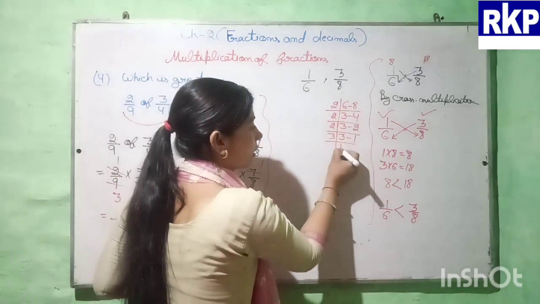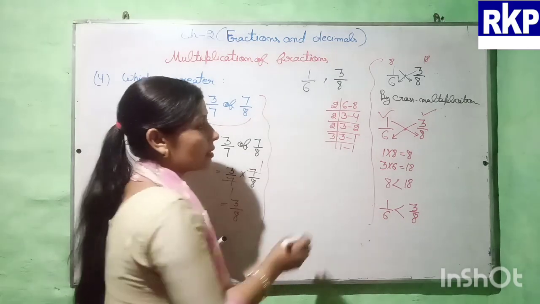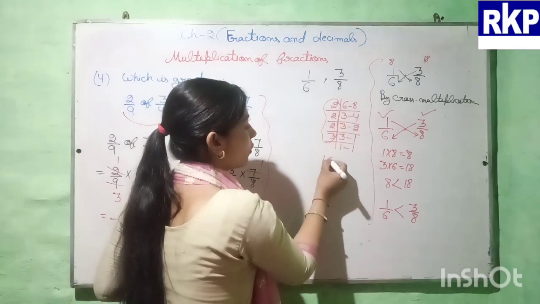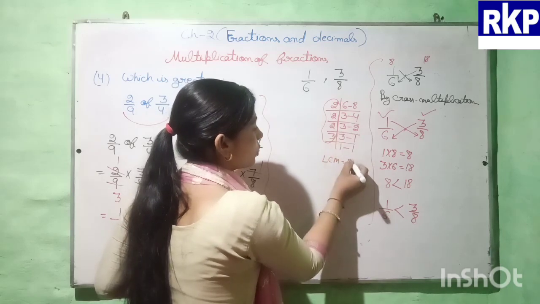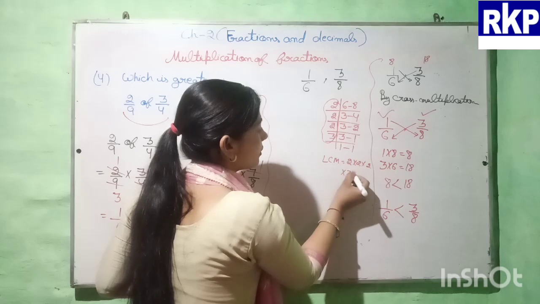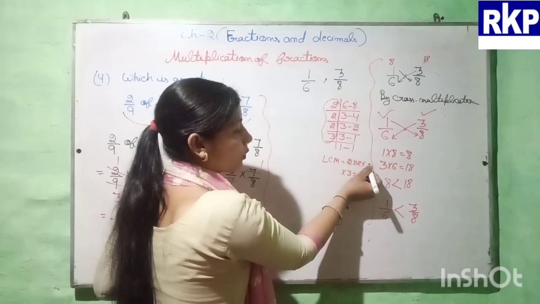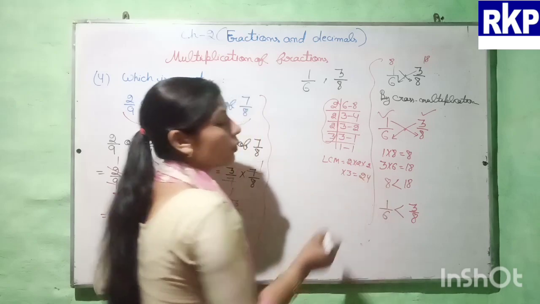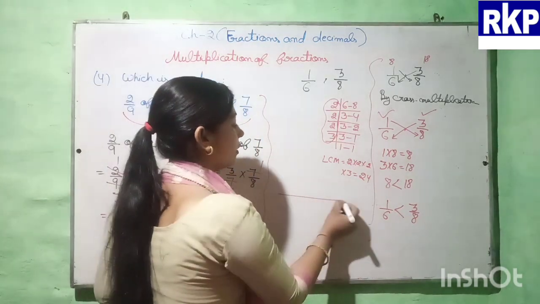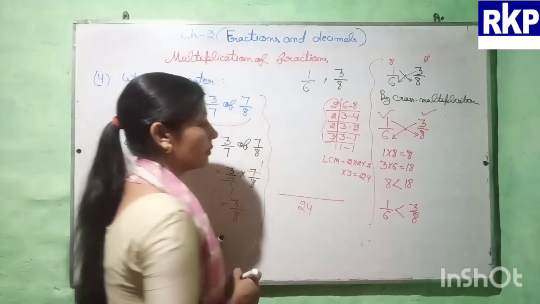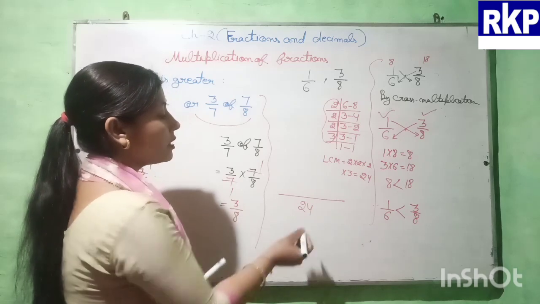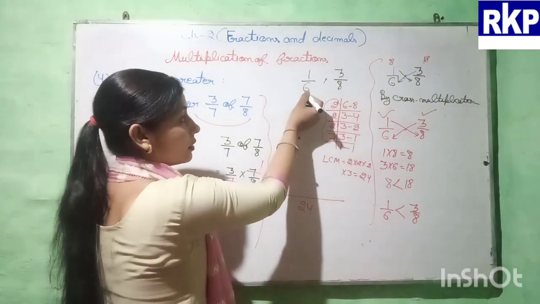Now 3 1s are 3, and here 1 as it is. So now we have to find the product of these: 2 times 2 times 2 times 3. So 2 2s are 4, 4 2s are 8, 8 3s are 24. So 24 is the LCM.